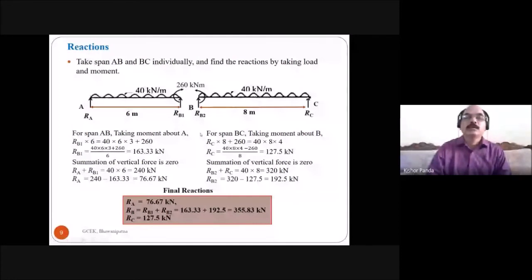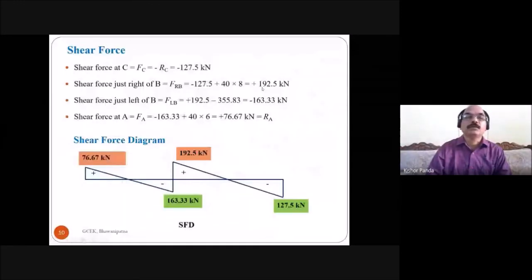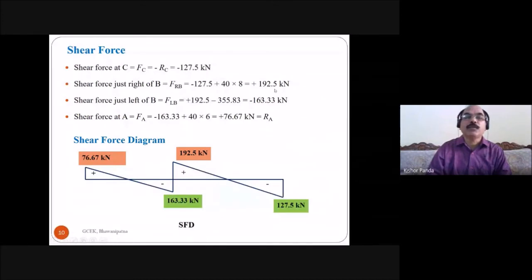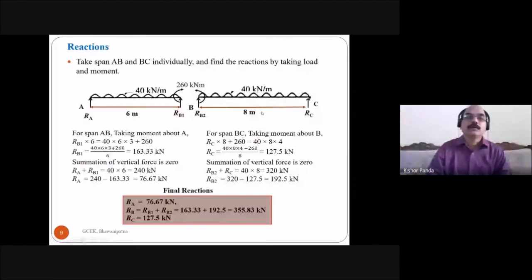This is an upward force, meaning negative. You already know the shear force just right of B is 192.5 kilonewton. Then the shear force just left of B, FLB, is equal to 192.5 kilonewton minus the reaction at B, 355.83. So this is equal to minus 163.33 kilonewton.